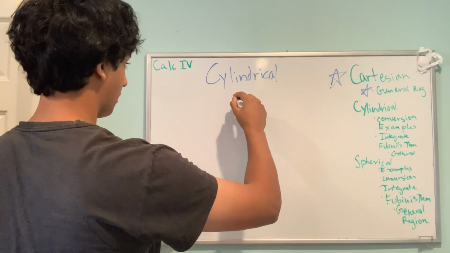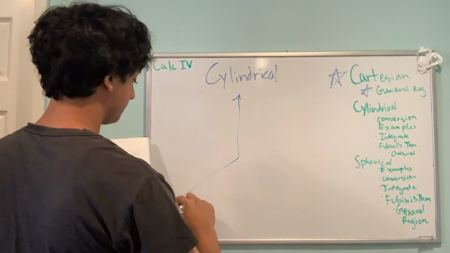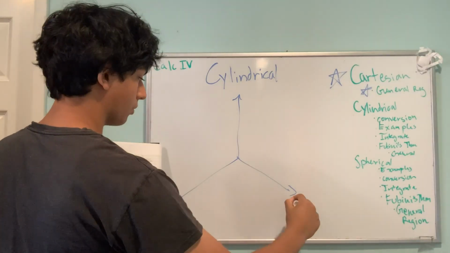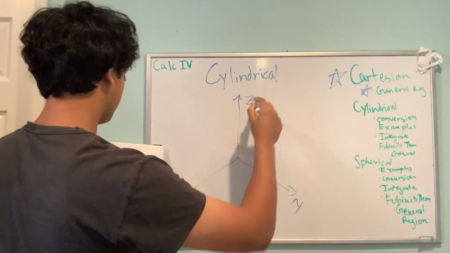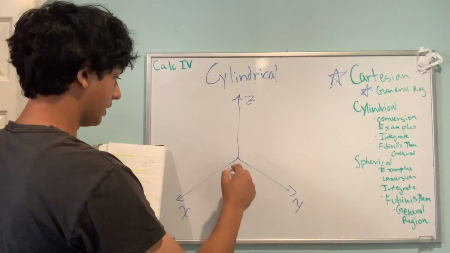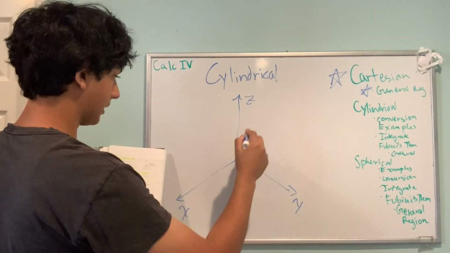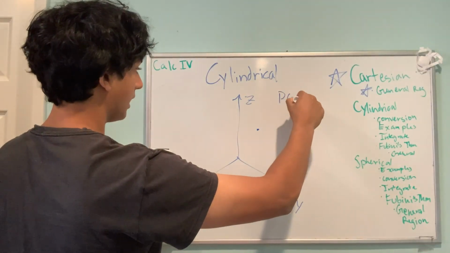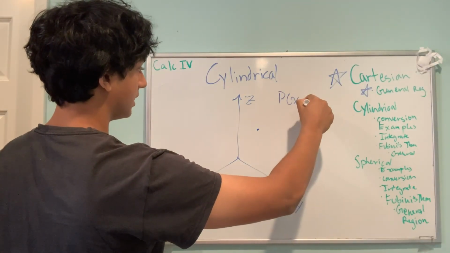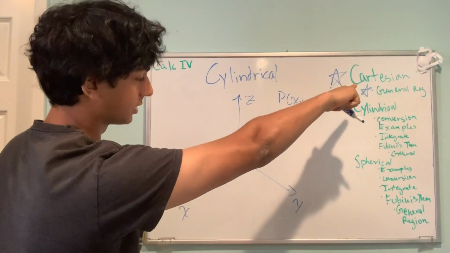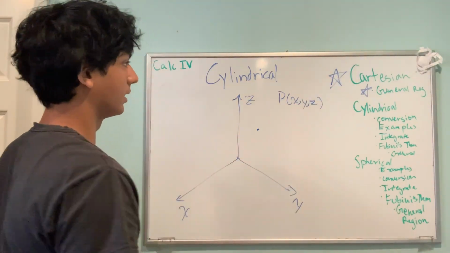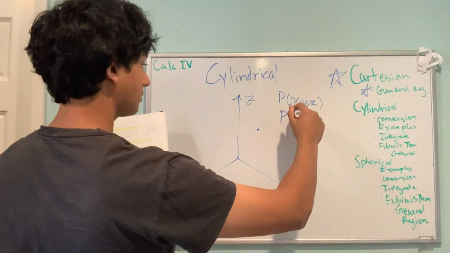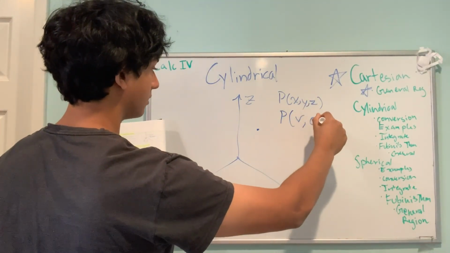So how does that look? x, y, and z. And if we have some point like here, this point is defined by P(x, y, z) in the Cartesian coordinate system. But now in the cylindrical coordinate system, it would be defined as P(r, theta, z).